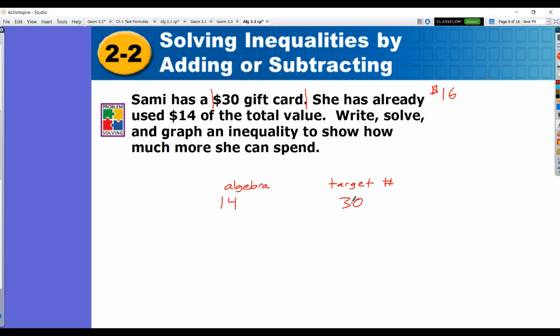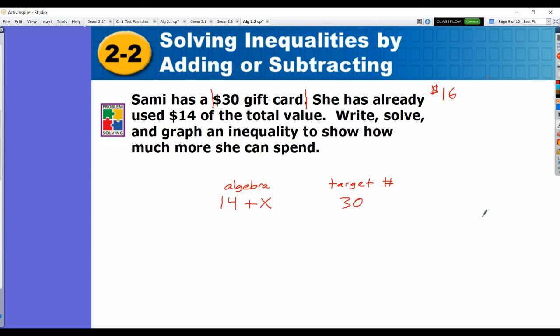Okay, so what we're going to say is she's already spent $14, plus she's going to spend some more money, which is going to be X, and eventually she will spend all the $30 on her gift card. So we're going to say $14 plus another amount to get to the $30 she has to spend.